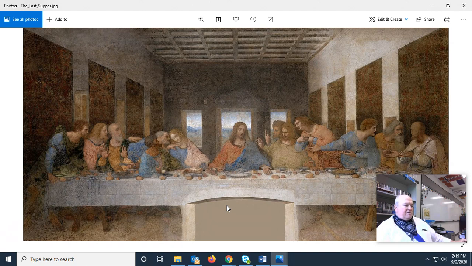Leonardo da Vinci, for all the talent that is associated with him, and he was incredibly talented, may have had ADHD. In fact, there's a good chance he did, because he was constantly getting bored with projects and then moving on to something else that he found more interesting. And he was always experimenting.